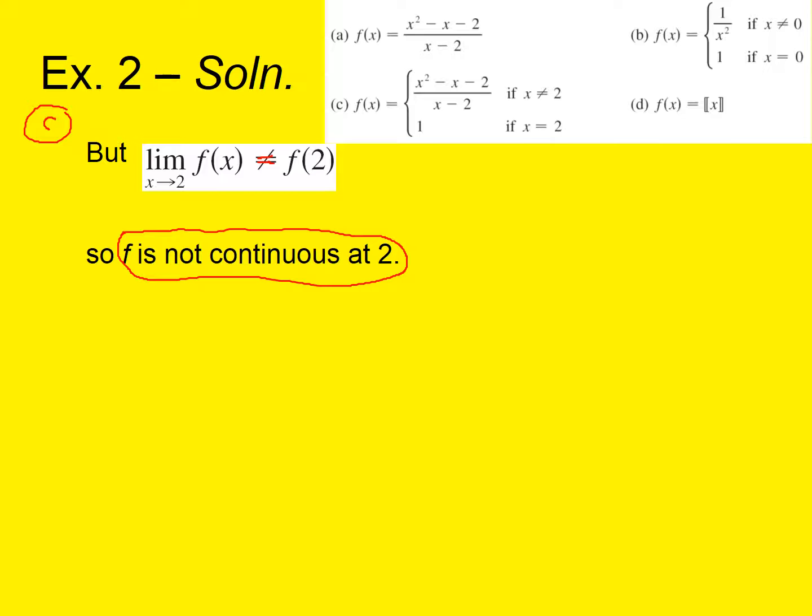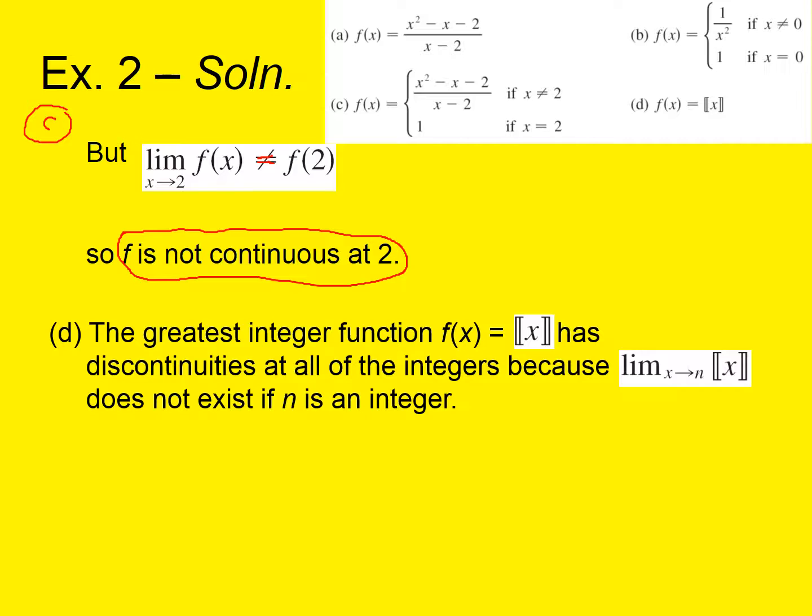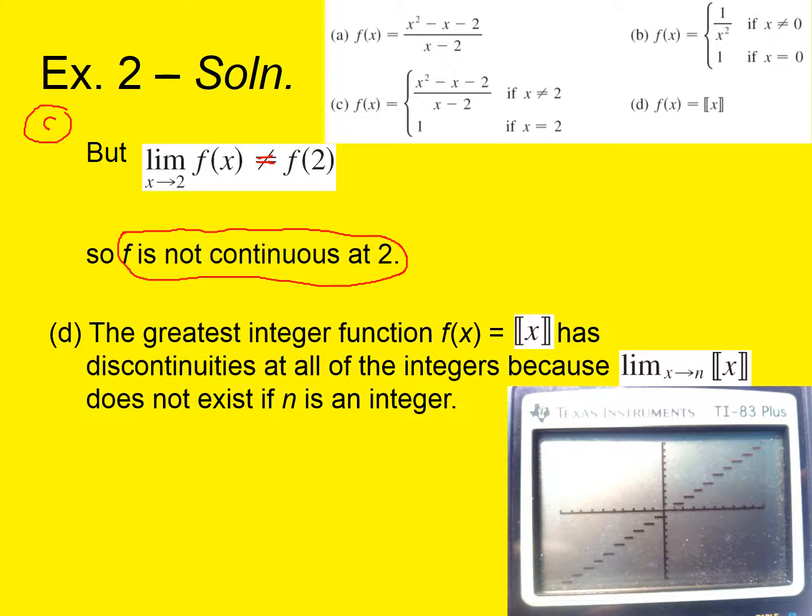Now, here we've got, for part D, the greatest integer function. And that is a whole other ball game, because you get this crazy step function, and of course you have a discontinuity at every integer. The limit as x approaches any integer n of this greatest integer function, any integer n, -2, -1, 0, 1, 2, 3, you have a jump discontinuity.